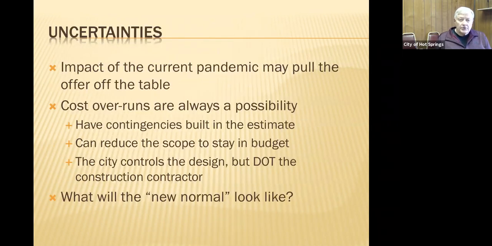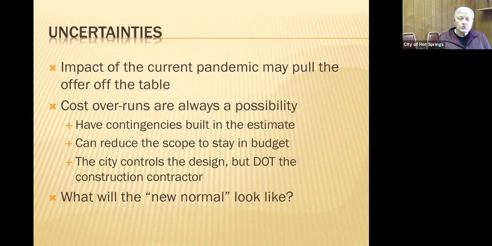Obviously, there's uncertainties with anything that we do. We've all experienced the uncertainty of the current pandemic, and that may even pull DOT's offer off the table. And cost overruns are always a possibility. We do have some contingencies built into the estimate.